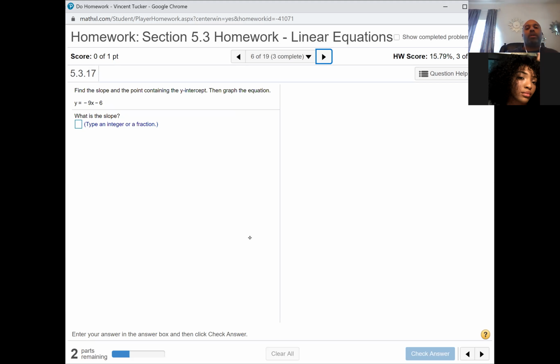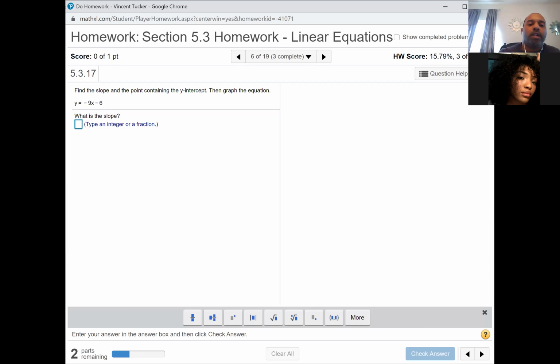All right, here we talked about this last class on how we can use our slope and the y-intercept to graph. So we have y equal to negative 9x minus 6. It says, what is the slope? The number that's in front of x, or attached to x, is your slope, so it's negative 9.